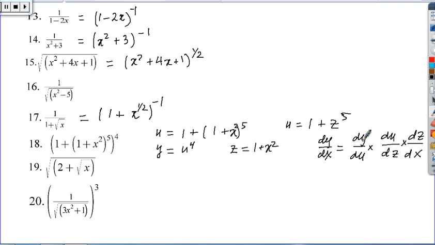And now you differentiate dz by dx, which is 2x, du by dz, which is 5z to the power 4, and dy by du is u to the power 4.